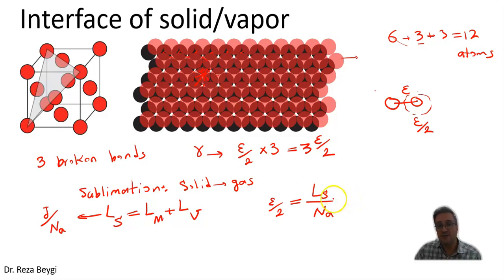So we have this amount divided by 12, and therefore the amount of gamma, the surface energy of the crystal when we have the plane 1, 1, 1 as the free surface, would be equal to 3 multiplied by Ls over Na divided by 12.